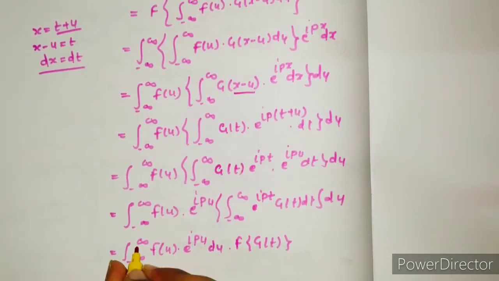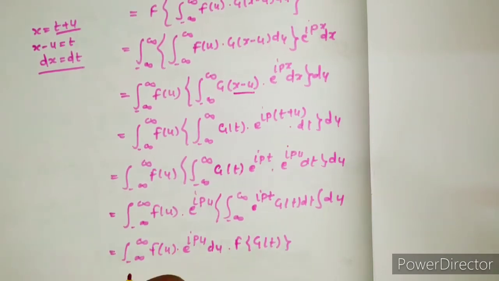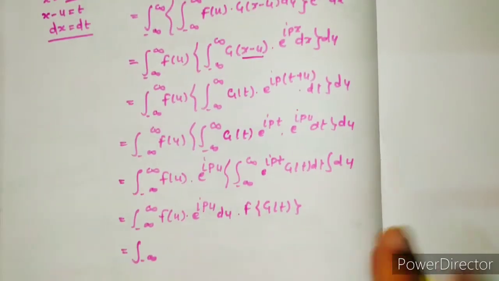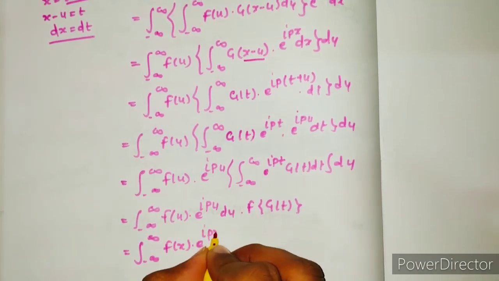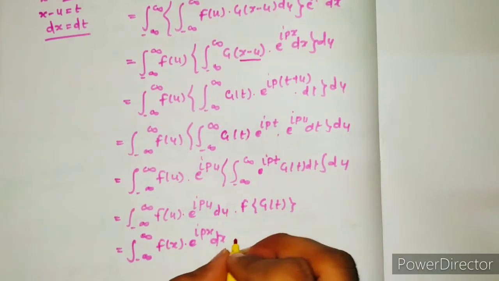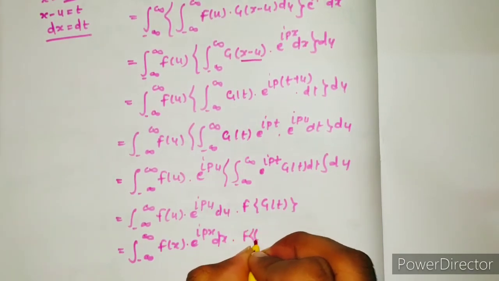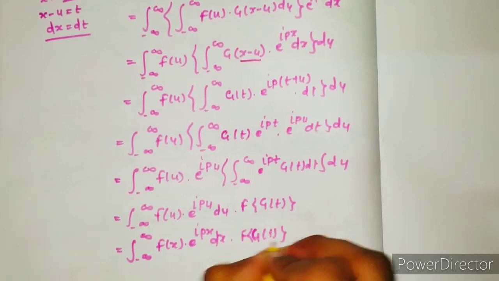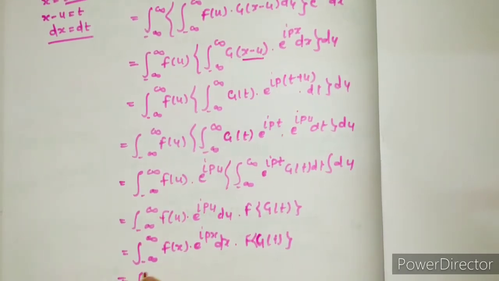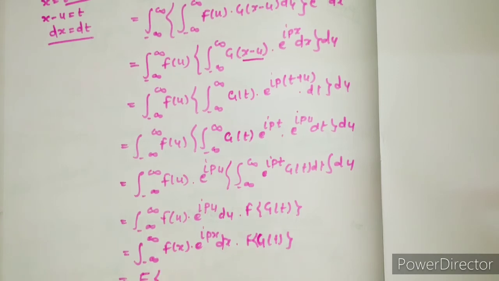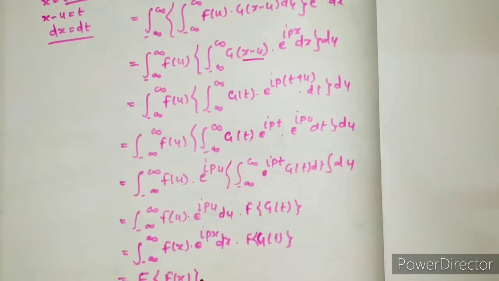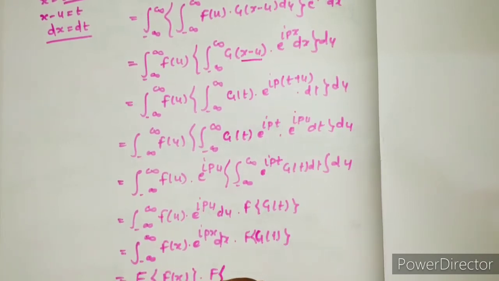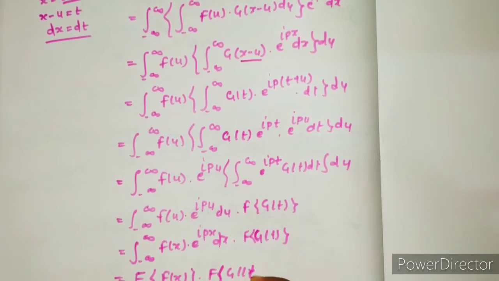This is the Fourier transformation with e^(ipx), in terms of f(x): the integral from minus infinity to infinity of f(x) e^(ipx) dx, and interchanging the property, the bracket g(t) gives the transformation of g.